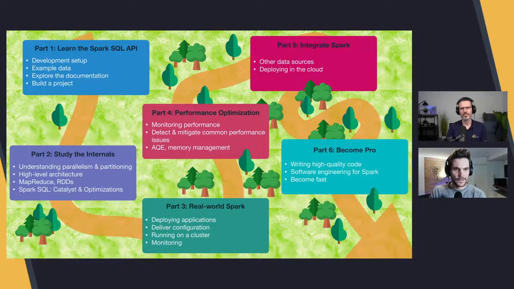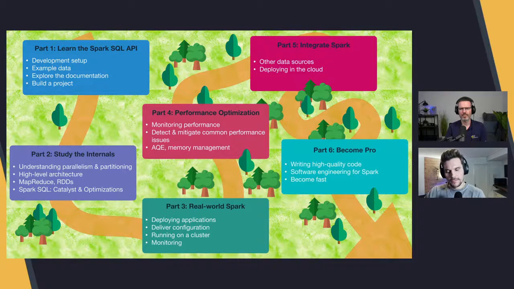For example, as I mentioned before, a skewed data set, which is the case in most real-world data sets, will yield some performance problems. Then we have to look at how we can mitigate such bottlenecks, and that we do in part 4.